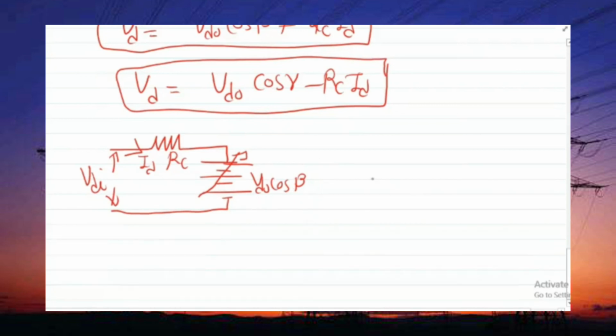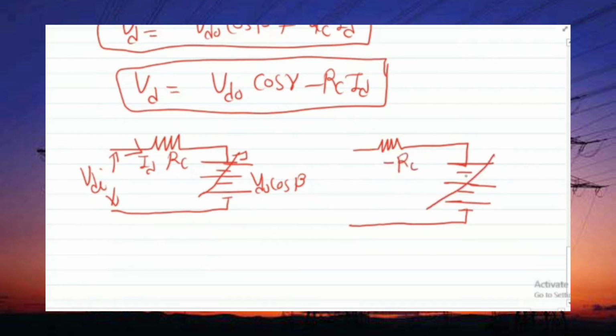Similarly, if we take gamma, your equivalent circuit is: this is your resistor, this is your source, and now this term becomes minus Rc, and this is your Vdo cos gamma, and this is your supply voltage VDI, and the current flowing is Id.